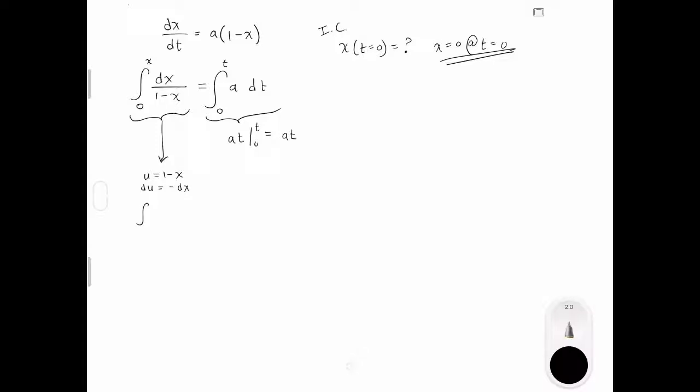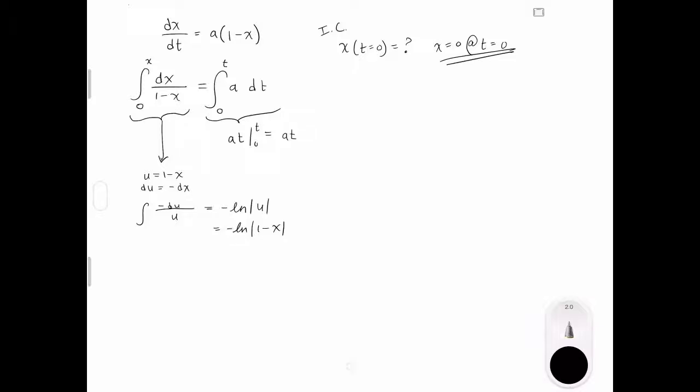You substitute that in, so the numerator dx becomes negative du over 1 minus x, which is just u, and you can recognize that that's just negative natural log of the absolute value of u, which is equal to this recast in terms of x, so 1 minus x.